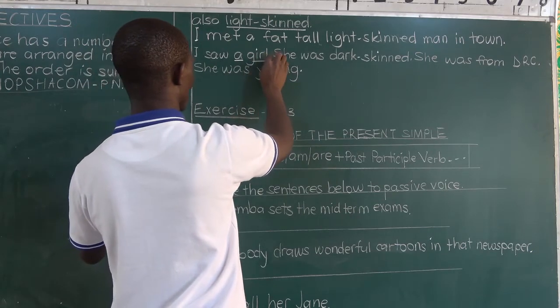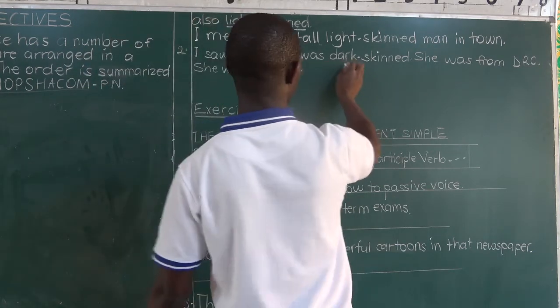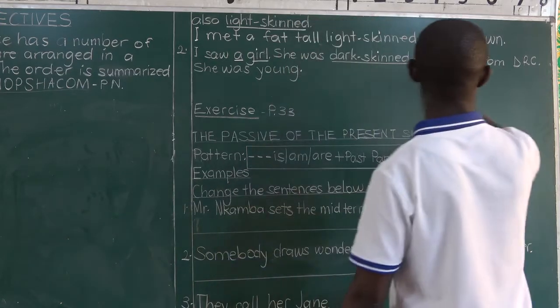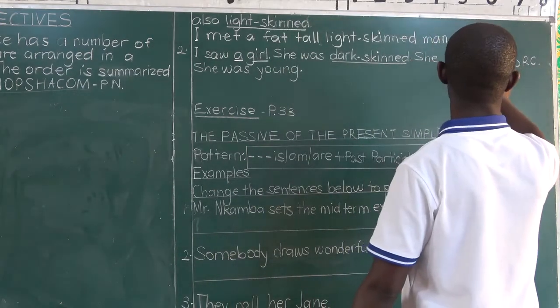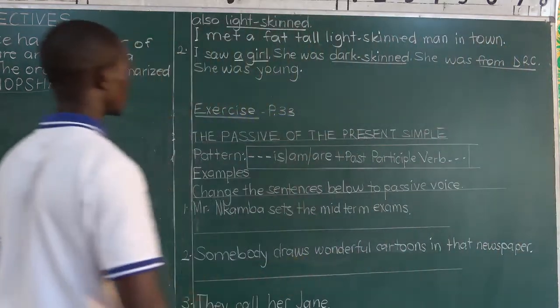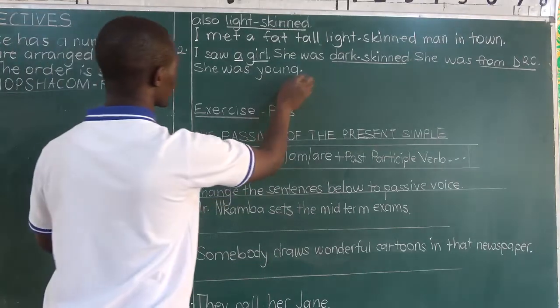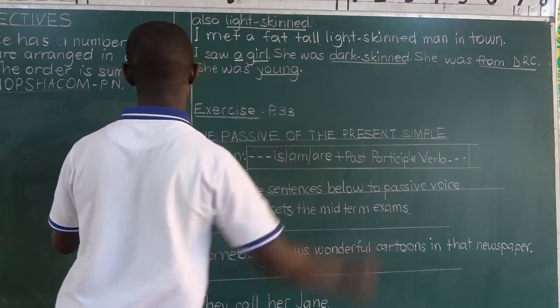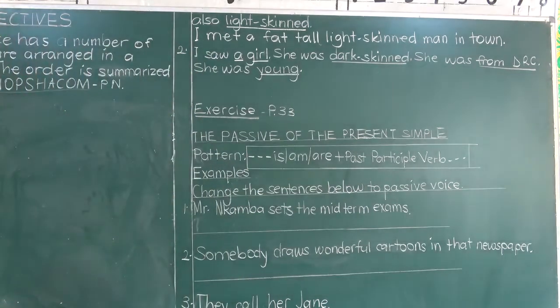Then the girl should be our noun. Dark-skinned is there. It's an adjective. From DRC. There they are telling you to form a specific adjective. You're going to identify. Then she was young. Young is okay because it's also an adjective. That should be a last example, meaning you need to be attentive, more attentive.